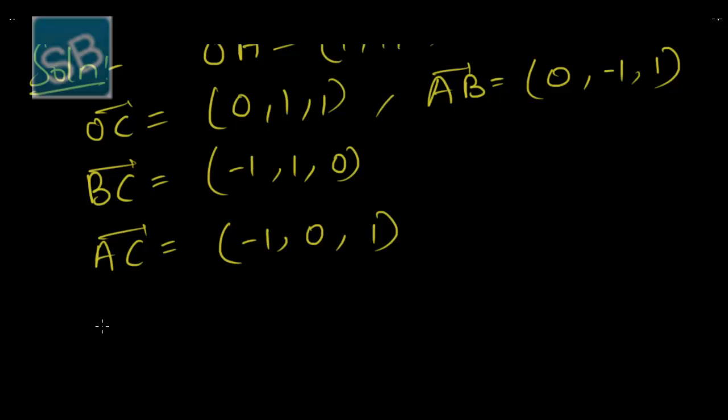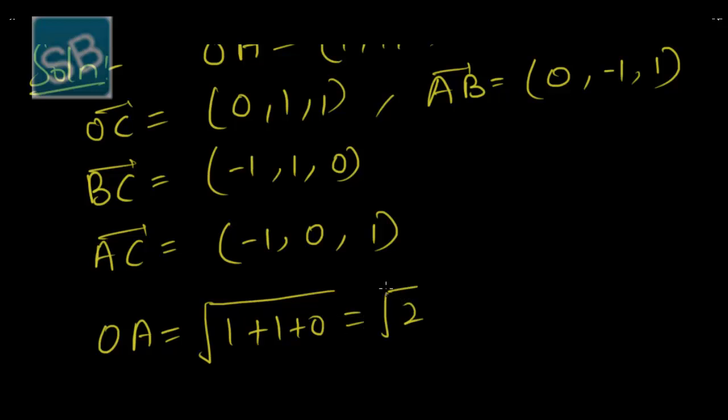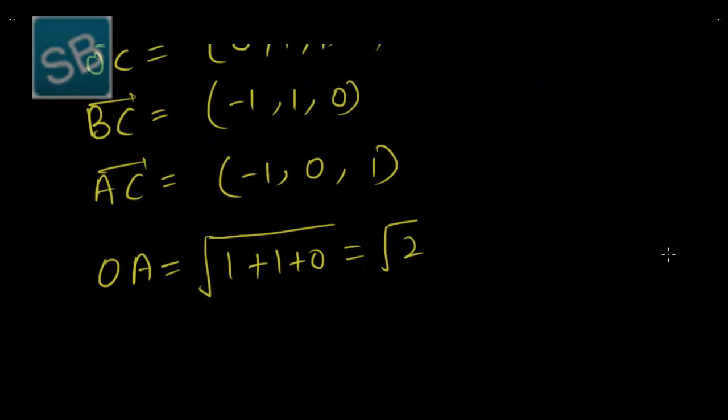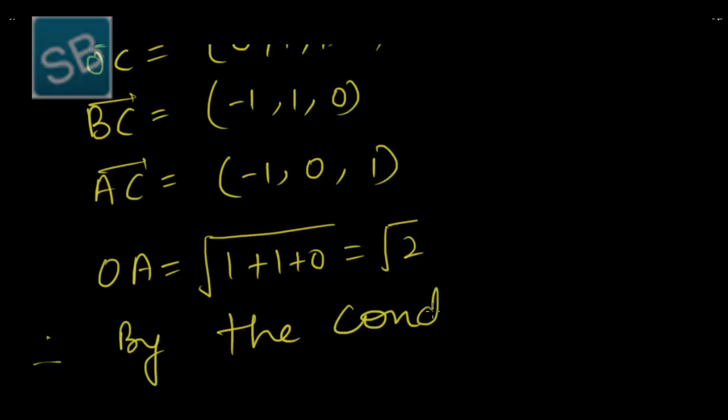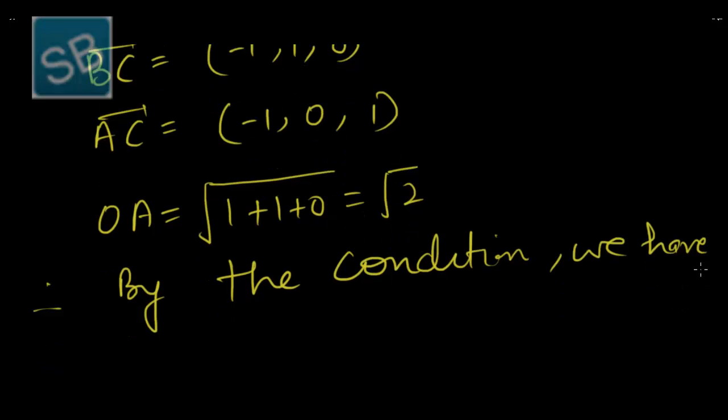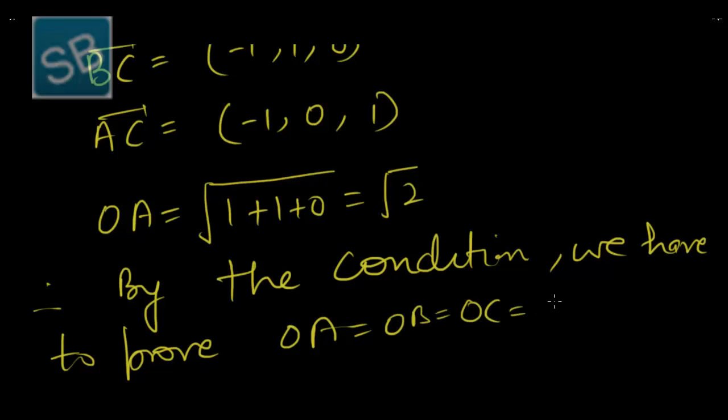So the length of OA, if we find its magnitude, is 1 square plus 1 square plus 0, that is under root 2. And as we have OA, AB, BC, AC, OB, OC equal by the given condition, we have to prove OA is equal to OB is equal to OC is equal to AB is equal to BC is equal to AC.